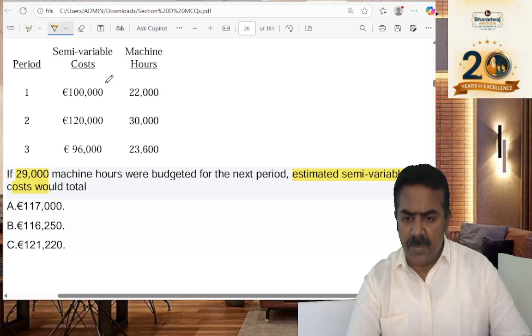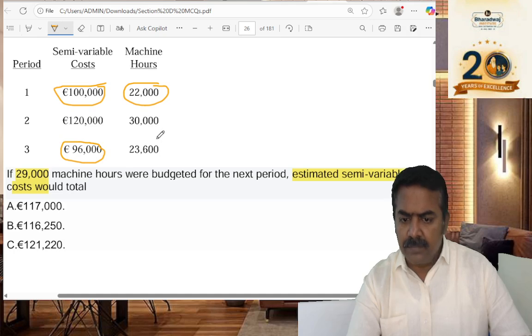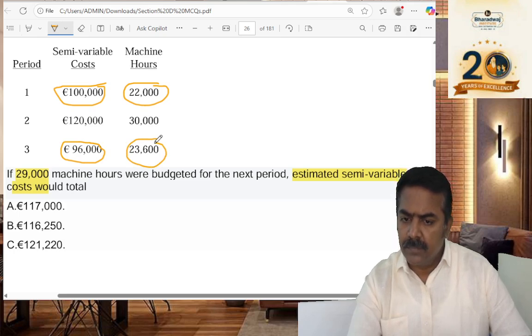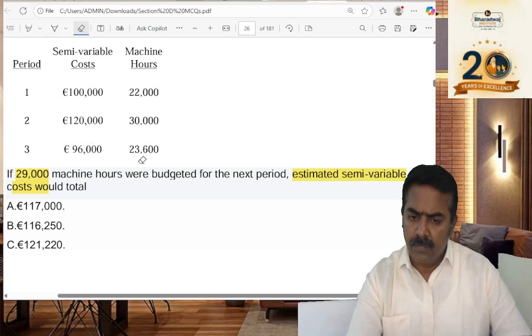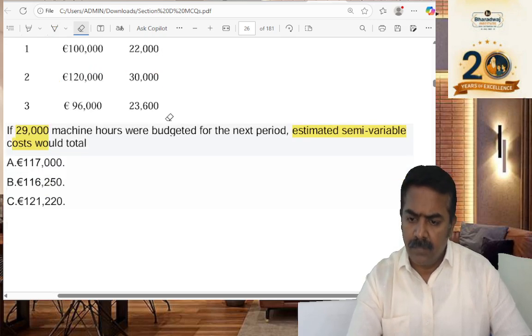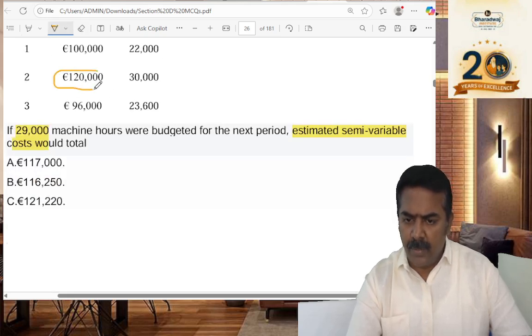Work out change in cost by change in output. 1 lakh minus 96,000. Work out the variable cost component. Okay, high-low method. 120 and 96. 30,000, 23,600. What is the change in cost by change in output?